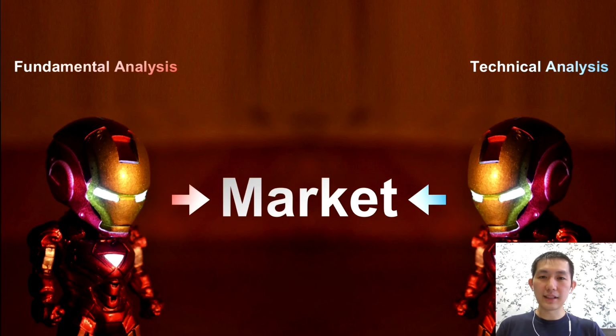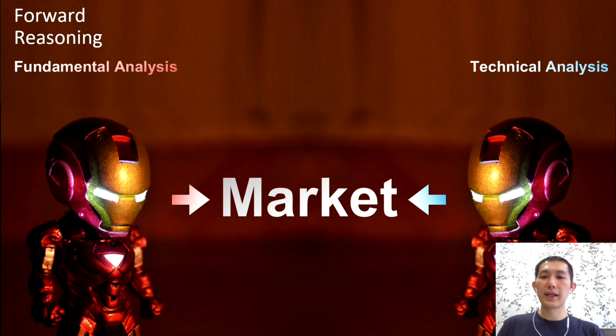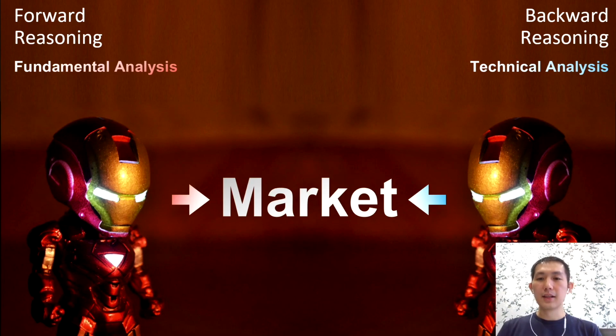So fundamental analysis uses a forward reasoning approach to analyze the market. You're gathering all of the facts and data to find out what the impact is. Whereas for technical analysis, you are actually using a backward reasoning approach of thinking. You already know the price is going up or down, but what you want to do is to find out the reason behind that drives the price movement.